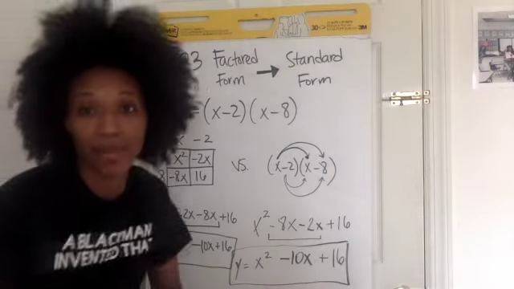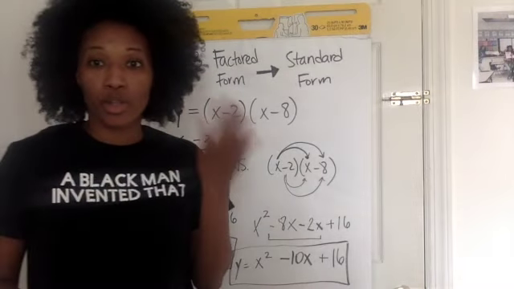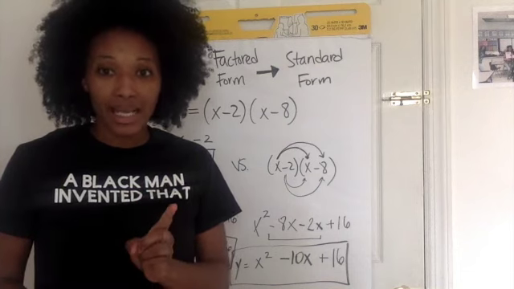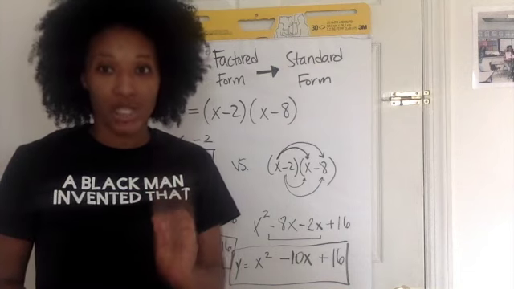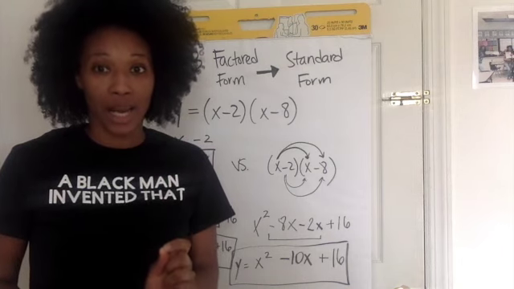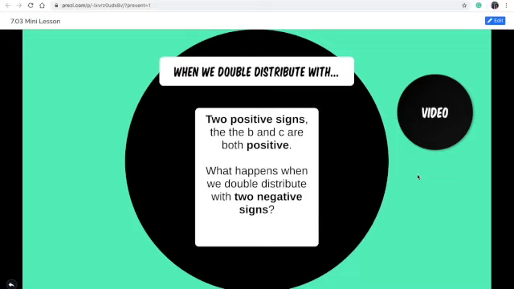Again, you can use any method to double distribute, either the box method or the arrow method. You're going to get the same answer. But today, you're going to pay close attention to the negative signs when you're multiplying and when you're combining like terms. So we just saw Miss Franks double distribute factored form with two negative signs.